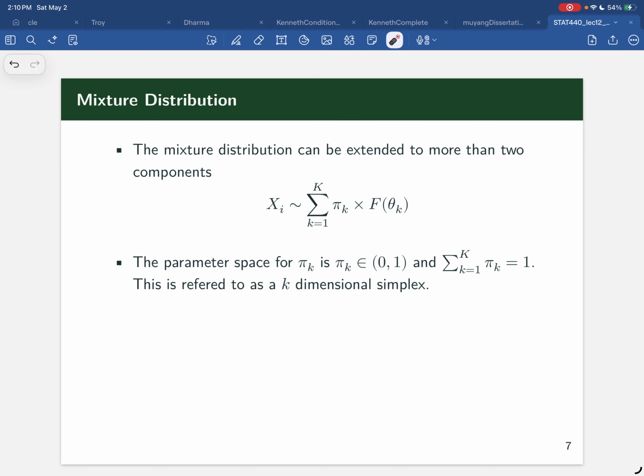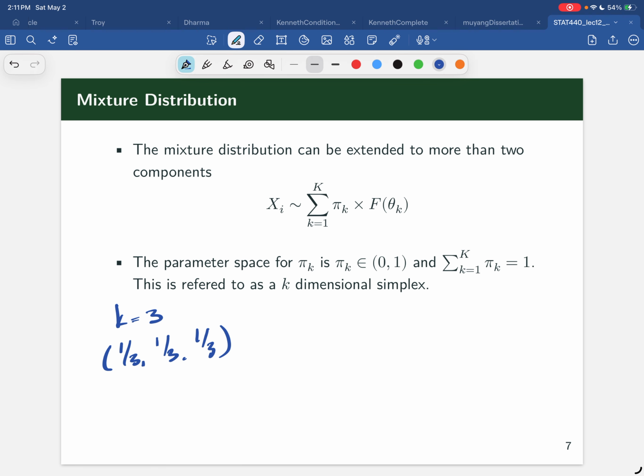But you can just think if we're in, say, 3 dimensions, if k equals 3, points on the 3-dimensional simplex would be points like 1/3, 1/3, 1/3, a point like 1/2, 1/4, 1/4.